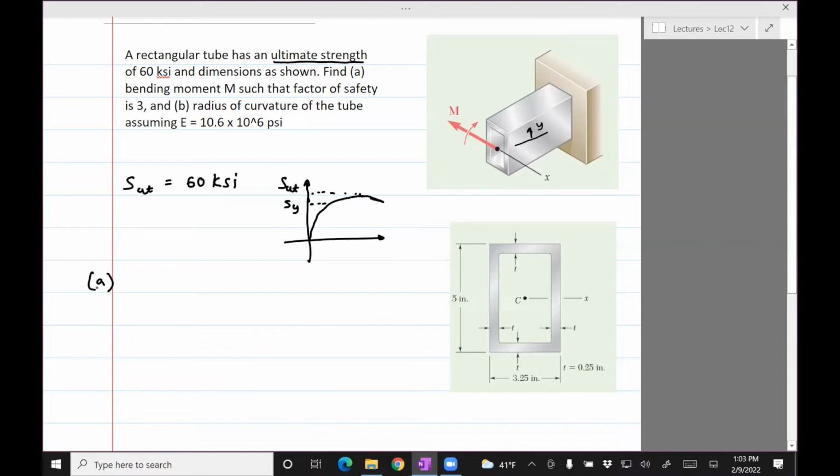Okay, so we can think of solving this. Well, look at it backwards. We're asked to solve for M, and we know that M is related to the stress by this formula.